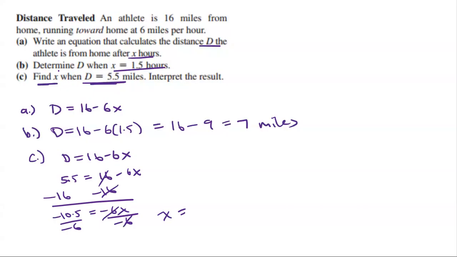So 10.5 divided by 6 will give me 1.75. Okay? So what is it saying? It's telling us that at a distance of 5.5 miles, he is 1.75 hours away from home. So that's what it's saying.